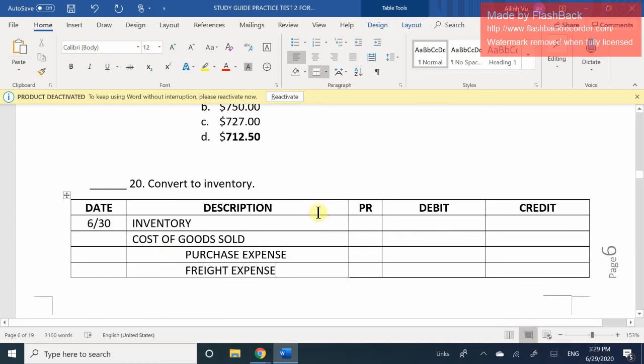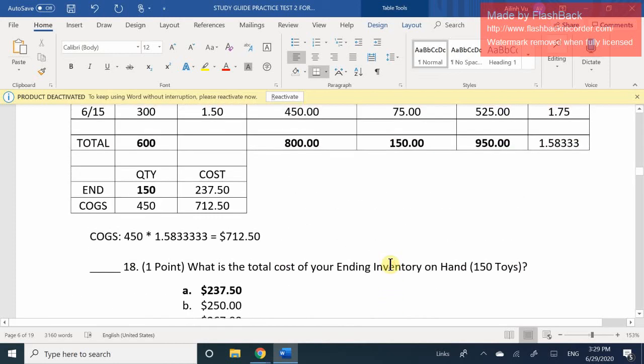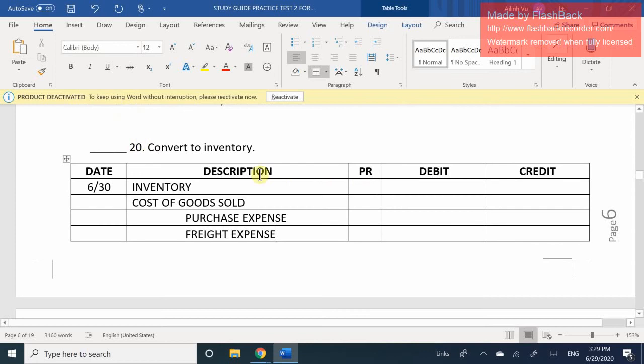So just looking at this information up here, let's focus on one line at a time. How much is ending inventory? $450. How much is ending? 237.50. Why can't we write 150? You have to convert it to money. And who says that you have to do that? GAAP says you have to convert it into money in terms of dollars. So 237.50.